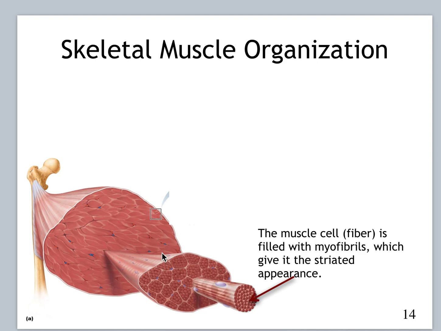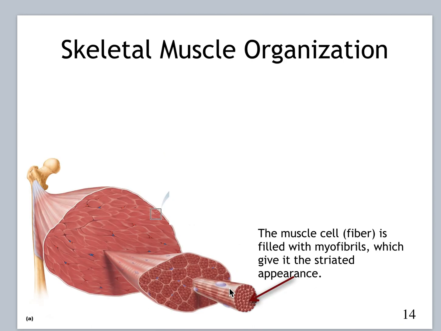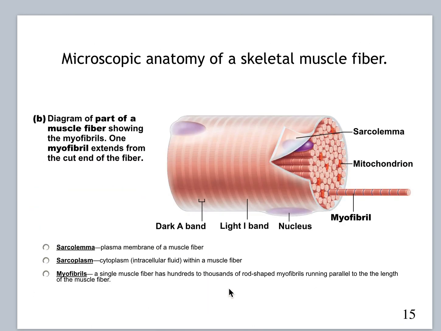Now, let's look inside the muscle cell itself. I said these tubules are myofibrils, and that's what gives the muscle the striated appearance. We'll discuss the striations in just a moment. Here's a close-up of that portion. We're taking this portion and focusing in on that, and we have this.